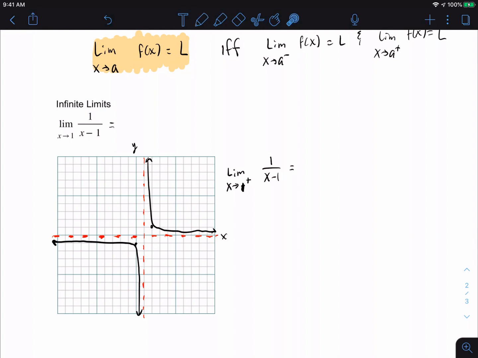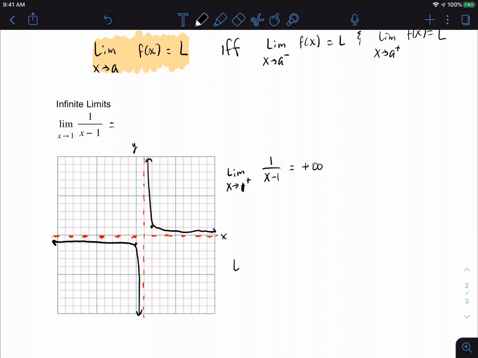As I'm coming this way along the function, what is my y value as I get closer and closer to 1? What do you guys think it is? Correct. It's going to be positive infinity, right? Because we can see as I'm coming this way to it, the function is just going to explode to infinity, right? So from the right, I'm getting a positive infinity.